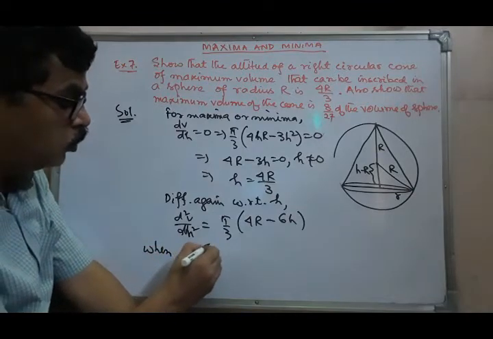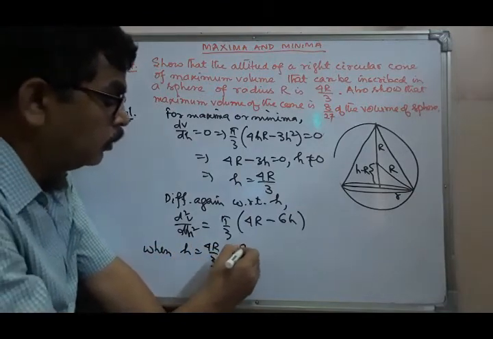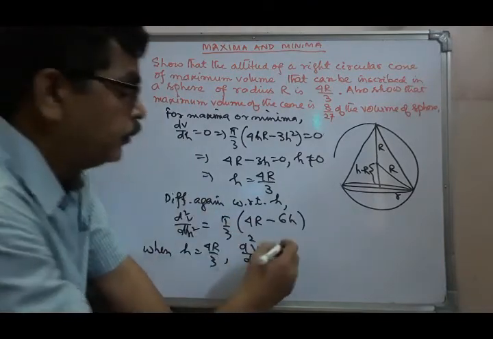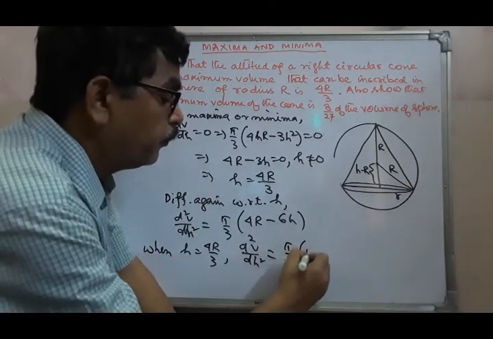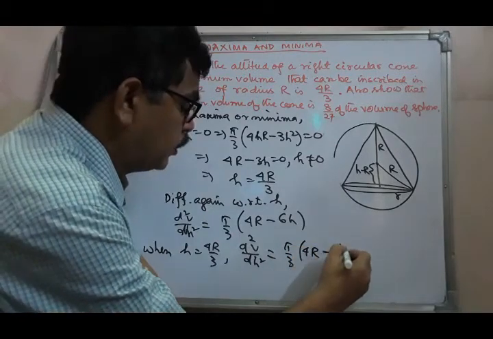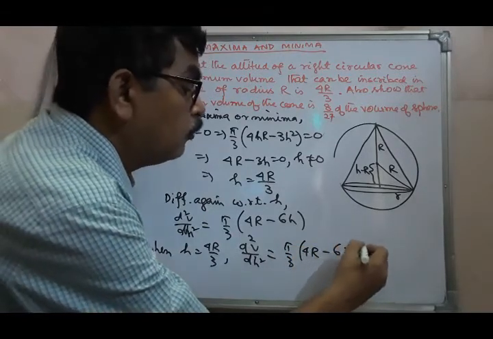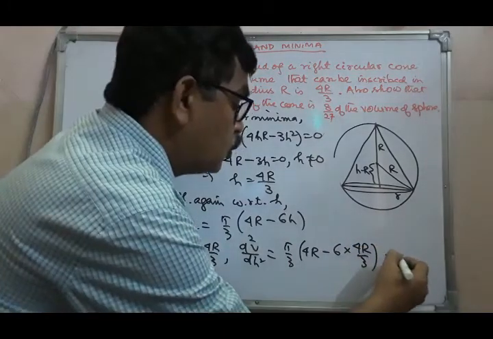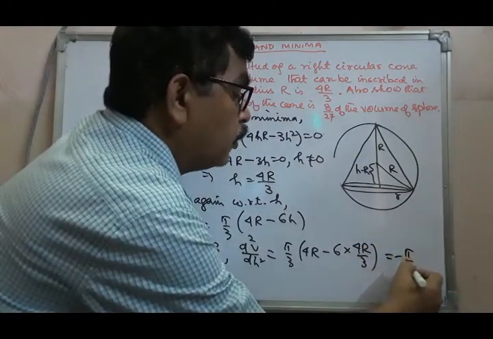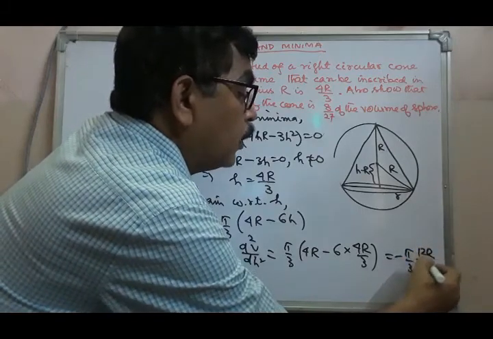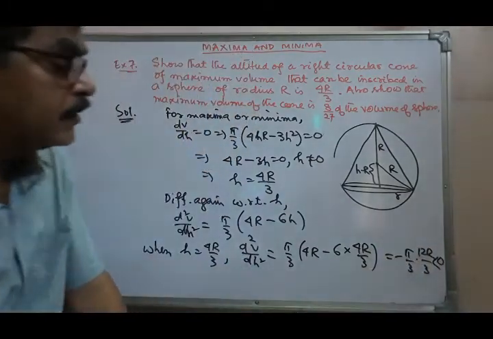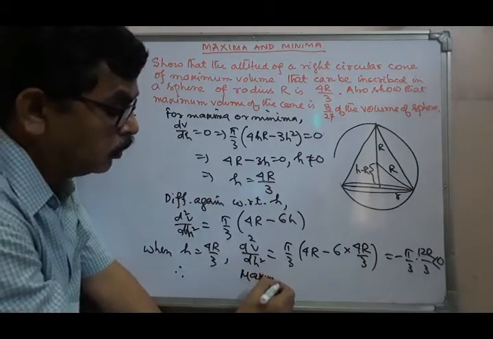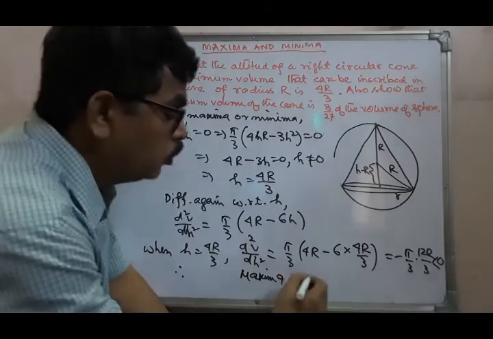When h equal to 4R by 3, d square V by dh square equals pi by 3 into (4R minus 6 into 4R by 3). So it should be minus pi by 3 into 12R by 3, which is less than 0. Therefore it is maxima.